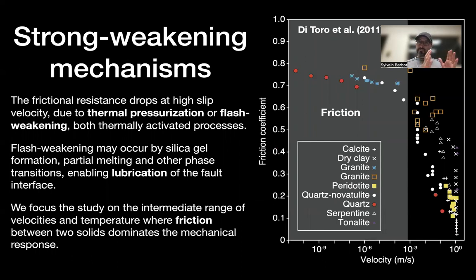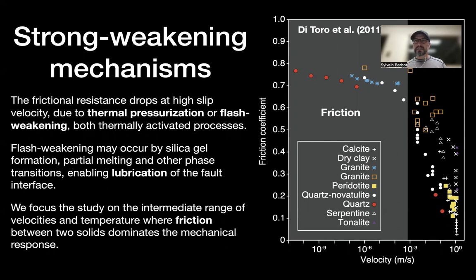That is the transition from friction at stationary contact and low to intermediate sliding velocity to lubrication at high slip velocity, high temperature. Lubrication involves a series of different mechanisms that strongly weaken the contact, and they typically involve thermally activated mechanisms when temperature approaches the solidus of the rocks.